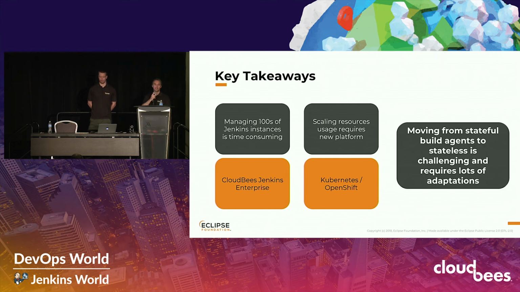But the main issue that we faced from this migration is moving from the stateful build agents that we used to have to stateless ones. I guess that anyone who is moving to Kubernetes or stateless agents will face the common issues that we have. So if you have some questions or solutions for this migration, please feel free to come back to us. We'll be here until tomorrow.